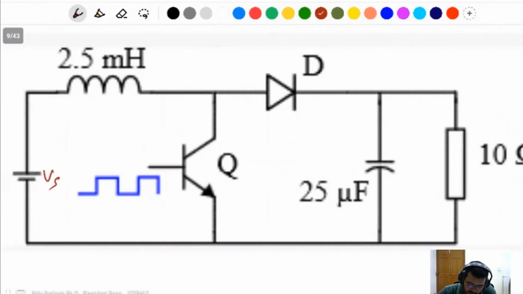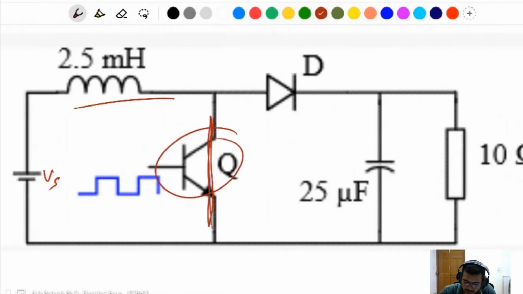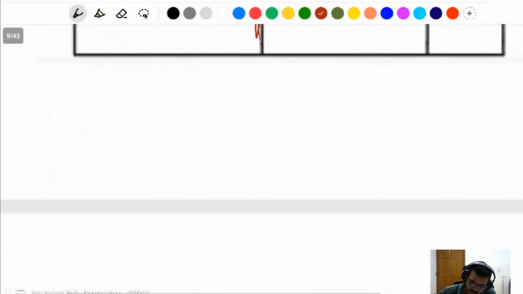This is Vs, the input supply voltage, and the inductor. This switch is on, which means it is a short circuit, but with a voltage source of 0.2 volt because of its voltage drop. And the diode is in reverse bias. The same thing: this supplies the current to the load at that time.